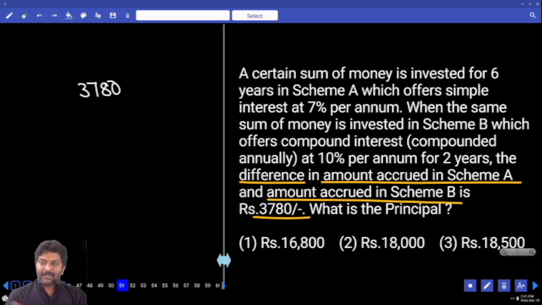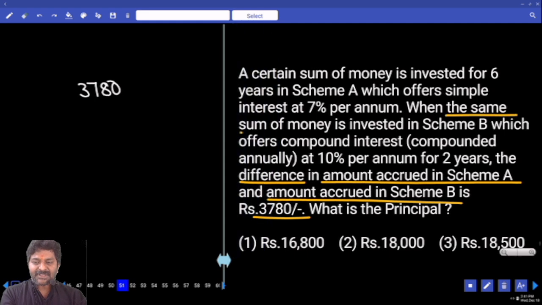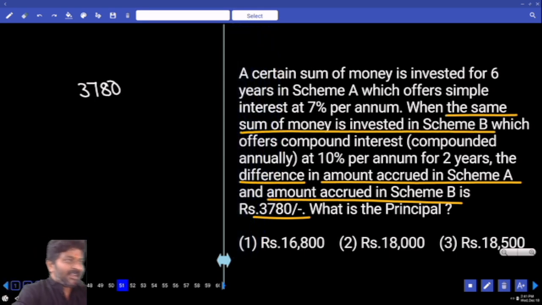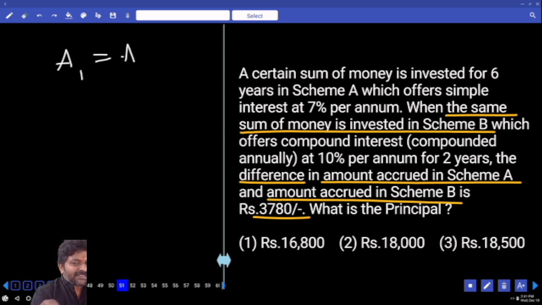According to the question, the same sum of money is invested in B. That means principals are the same, right? When principals are the same, and if the condition says amounts in the first scheme and second scheme are equal, can I say interest in the first scheme and in the second scheme are both equal?